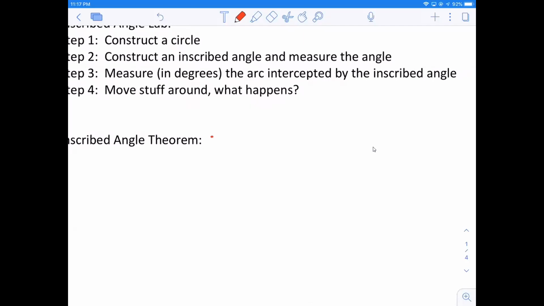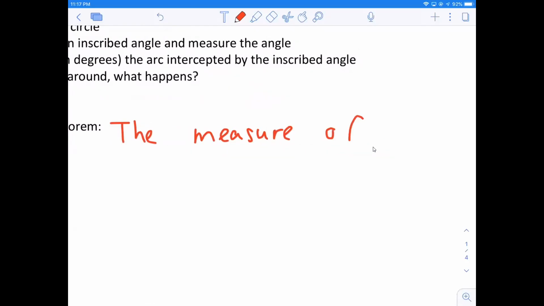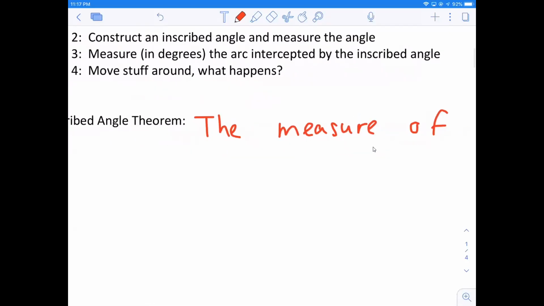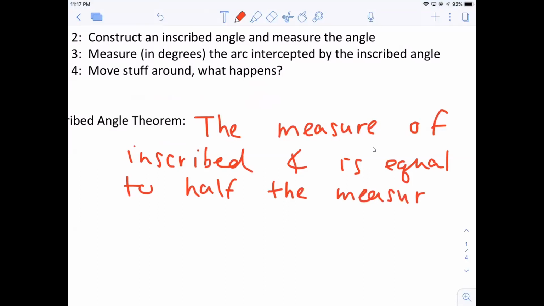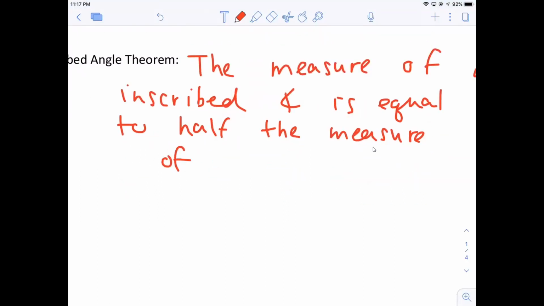This theorem says the measure of an inscribed angle is equal to half the measure of its intercepted arc.